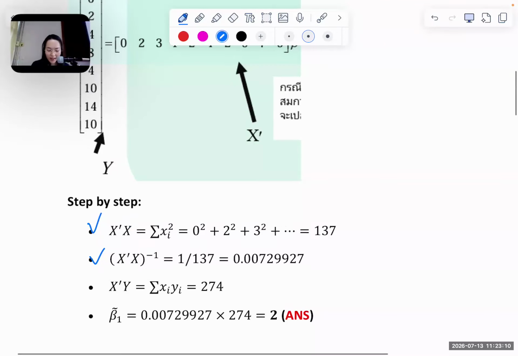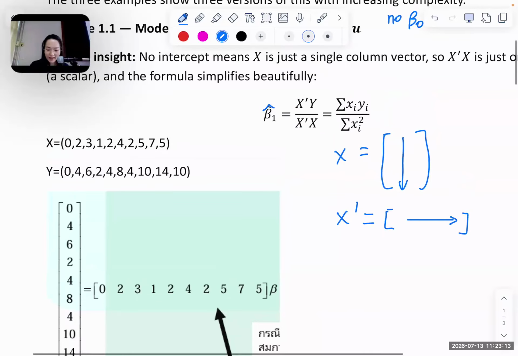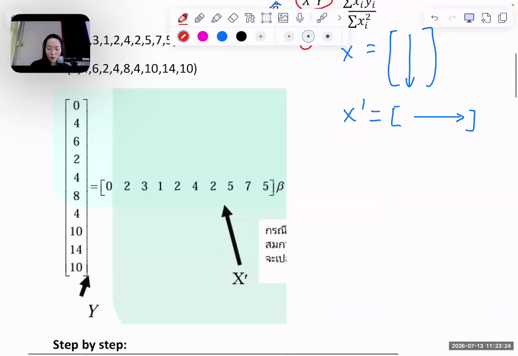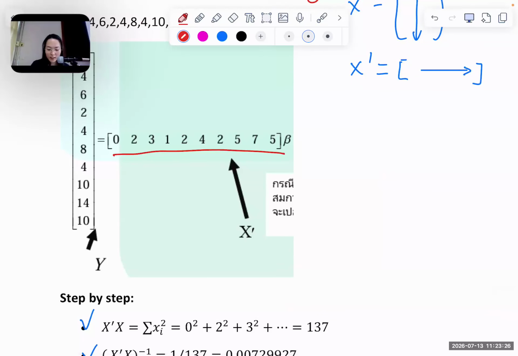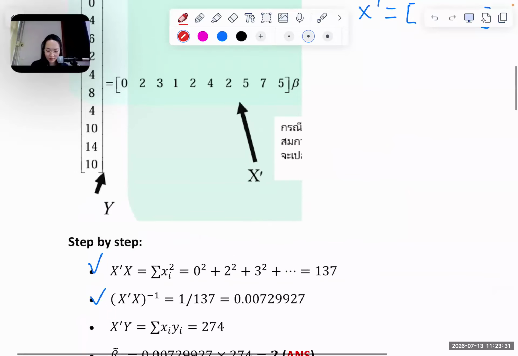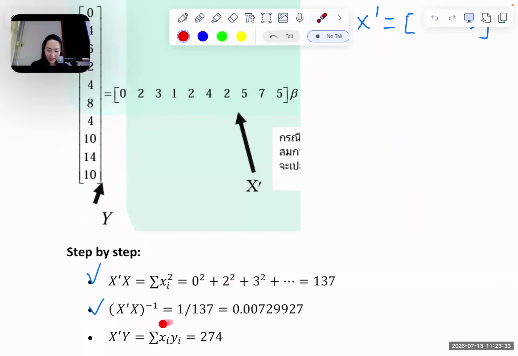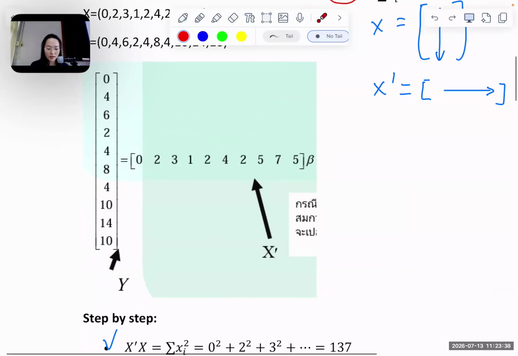Next one, what is X transpose Y? We have X transpose X inverse, the first step. And then for the numerator, you need to get X transpose Y. This is X transpose, so you multiply by y. It's basically easy just by summation, xi times yi, and you sum it up. So here, 0 times 0 plus 4 times 2, all the way through.